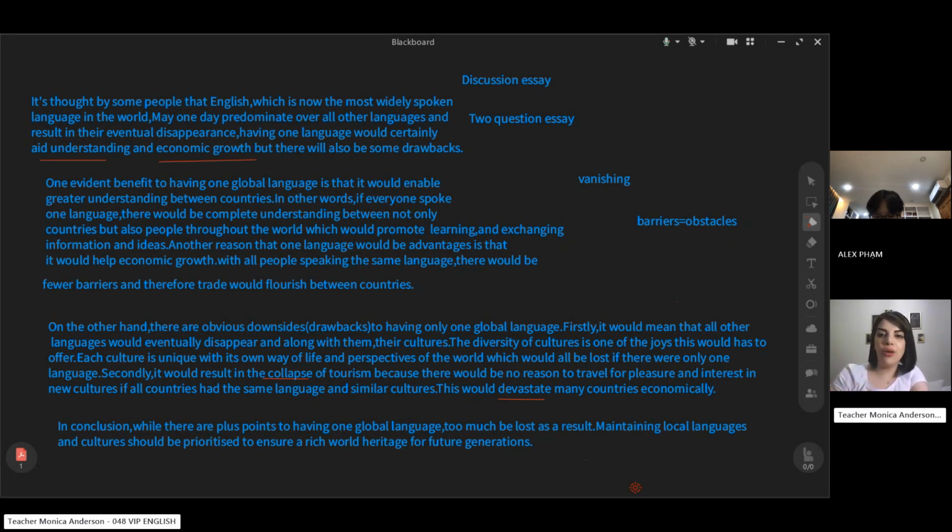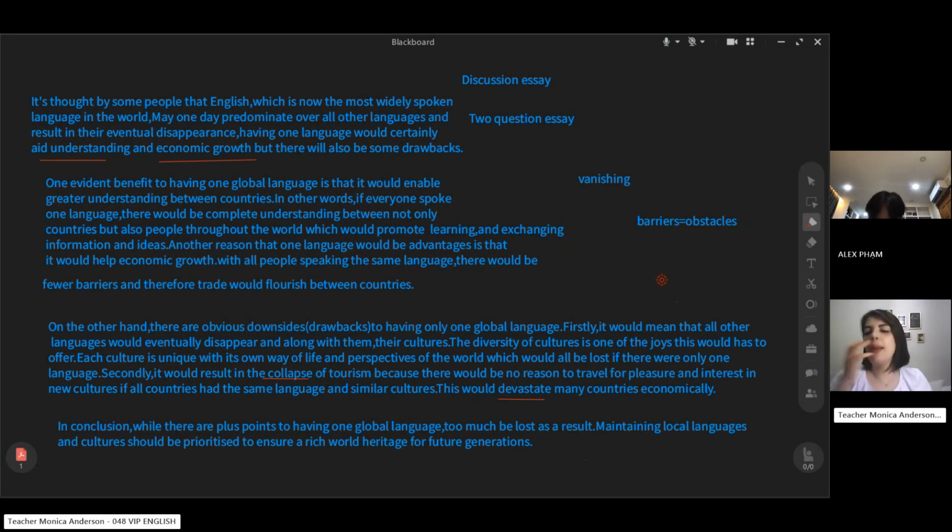We need to maintain local languages and cultures. So we need to make it a point to save and protect, to keep our local languages and cultures. And we need to actually keep them for the next generation as a really important heritage.